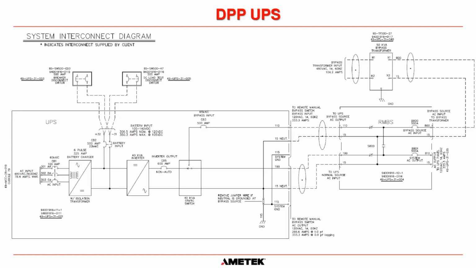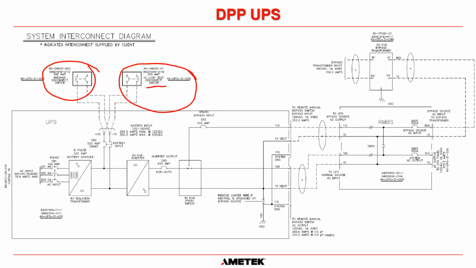Okay. You can see here that the customer has actually done quite a good thing here. He's connected a disconnect where they can connect a load bank to the system to do a load test. And they've also got an external battery disconnect that gives us a disconnect between the battery and the UPS itself.